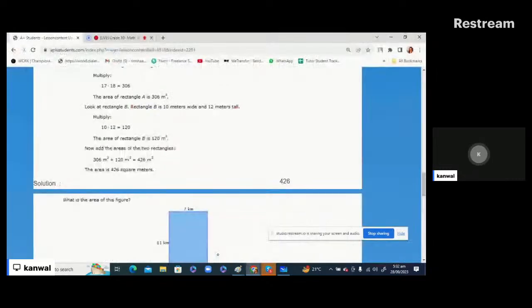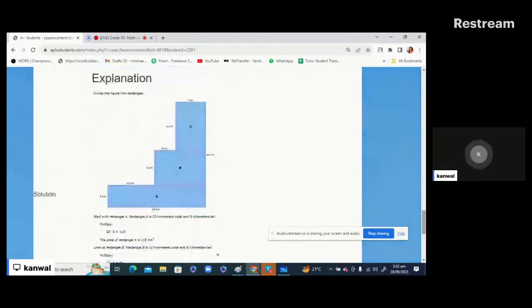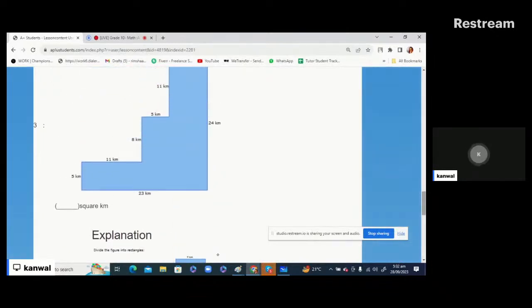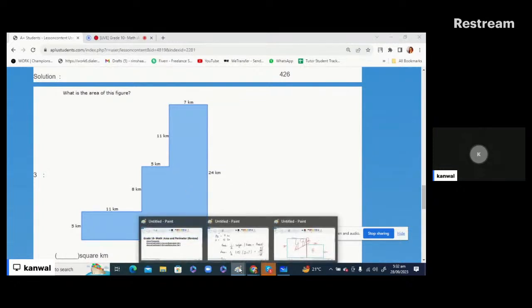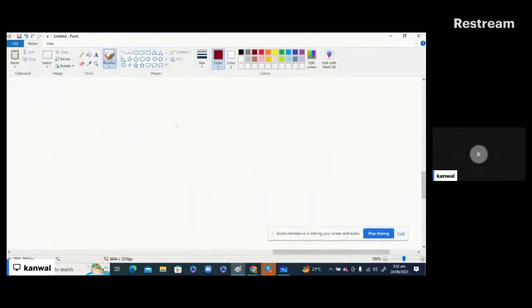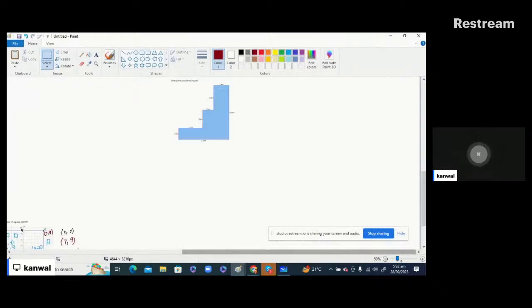Okay, let's do one more question. This is more complicated shape now. Okay, let's open this shape first. Yeah, now look at here.